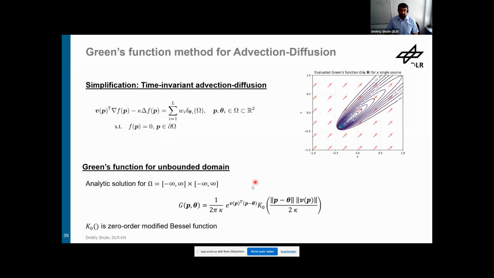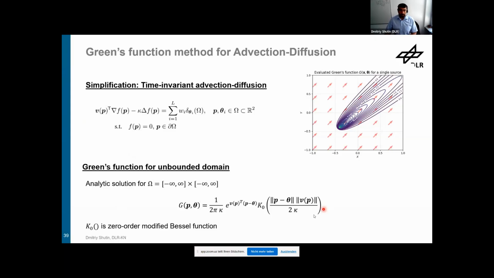You can, however, simplify it by saying, for example, that my equation is time invariant, so you consider a stationary case. And you also say that the domain over which you compute your function is infinite. In this case, you can actually find a Green's function, and it is shown here.